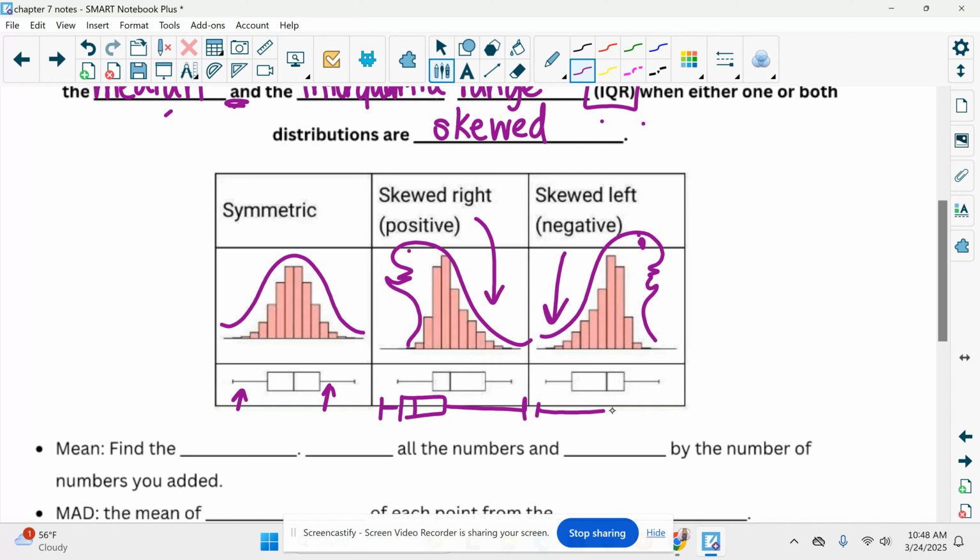And then if it has a really long left arm, that's called skewed left. Look for the tail. Or it looks like a little minnow to me. And there's his tail. Like a tadpole, the tadpole before it grows to be the monster T-Rex.